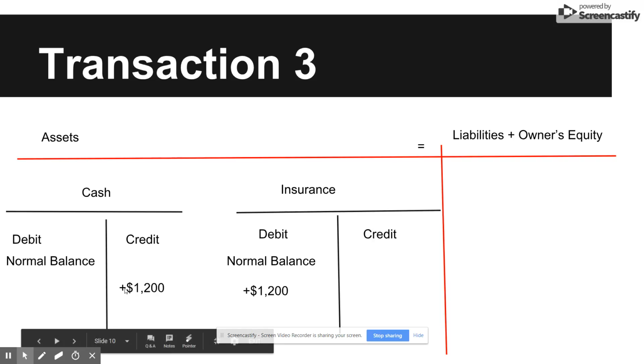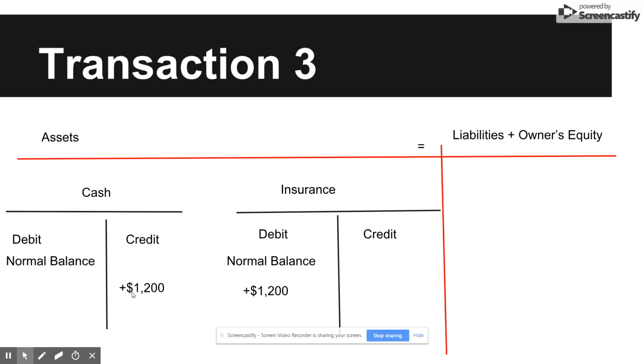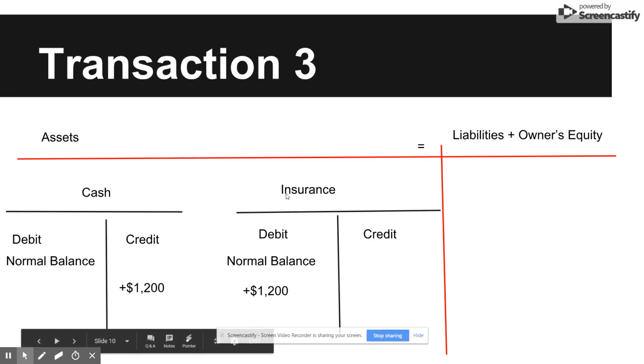I'm just using them to help you as we get started here. You just have to put the actual amount on the debit or the credit side. So cash is decreasing $1,200, and this should be a minus sign here. So we're going to put that on the credit side because the credit side for an asset is the decreasing side. And then our prepaid insurance is also an asset, and that's increasing. So we're going to put that on the normal balance side, which is our increasing side.